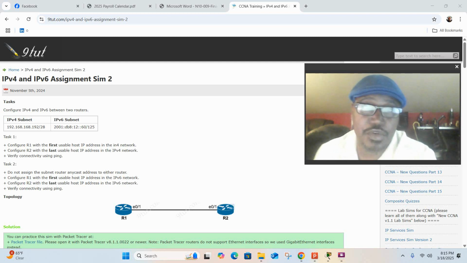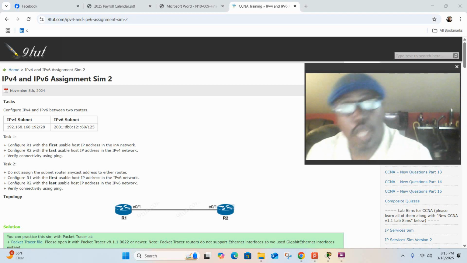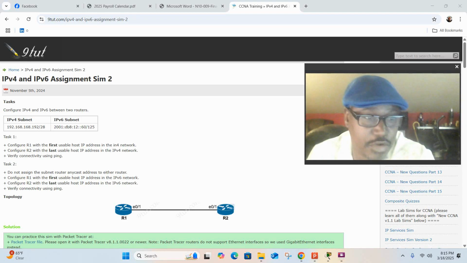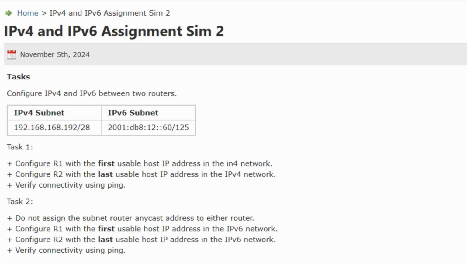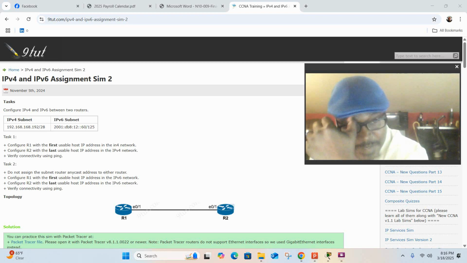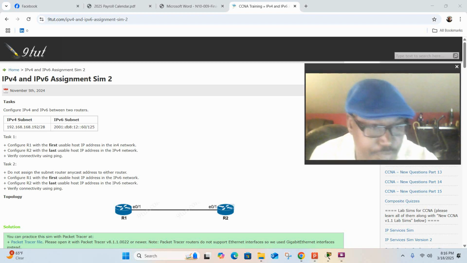So they give you a range to use. I have the instructions here, so let's go over them. The IPv4 subnet is 192.168.168.192 with a /28 CIDR. And the IPv6 address is 2001:DB8:12:60 with the /125 CIDR.